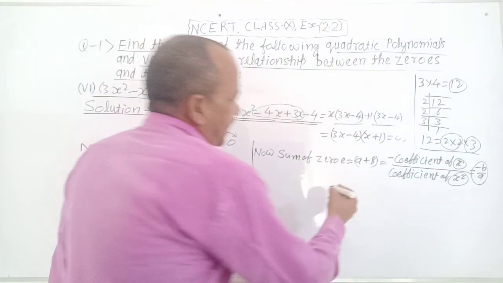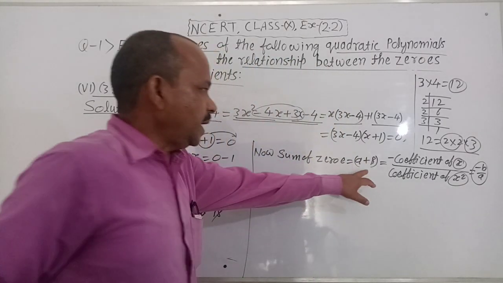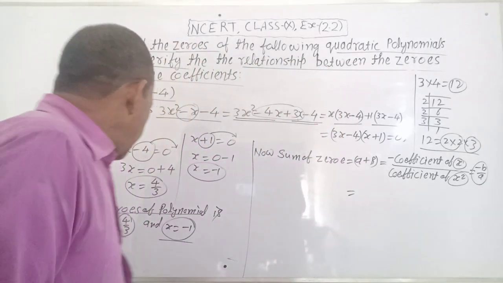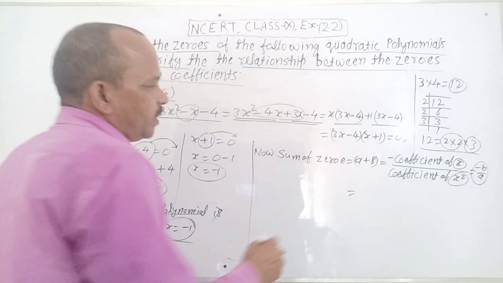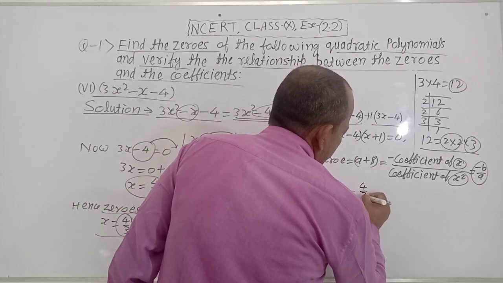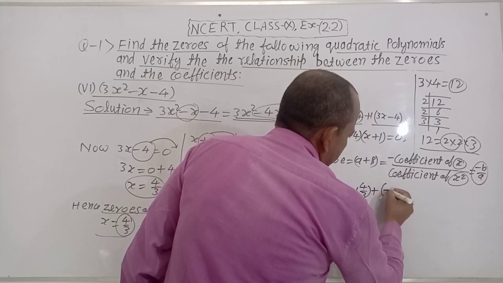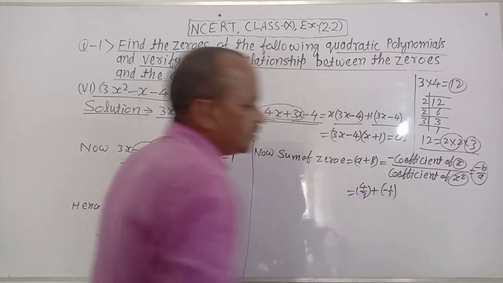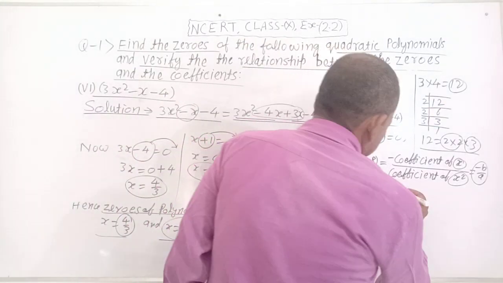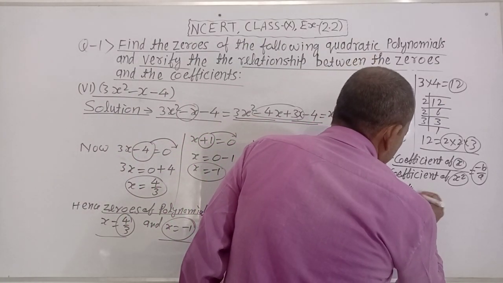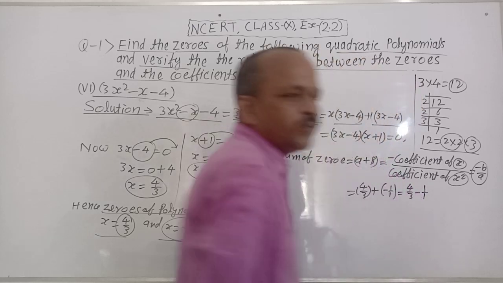Now you can write here alpha plus beta. Alpha and beta. Clear? 4 by 3 plus minus 1 by 1. You can write it. Clear? It becomes 4 by 3 minus 1 by 1.